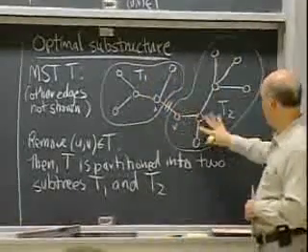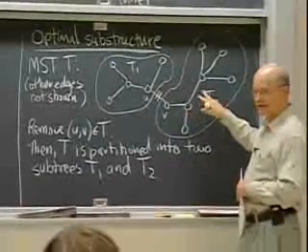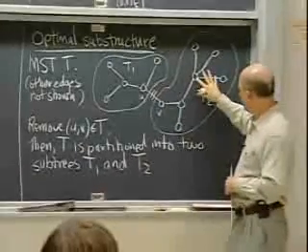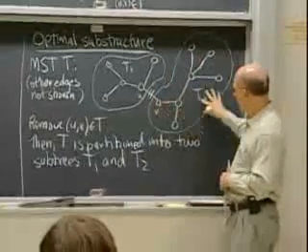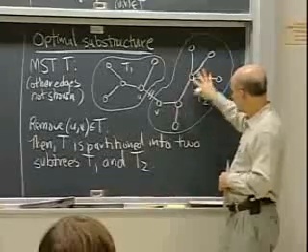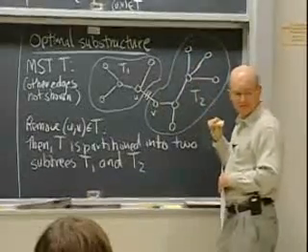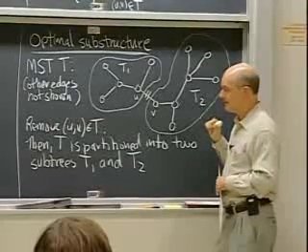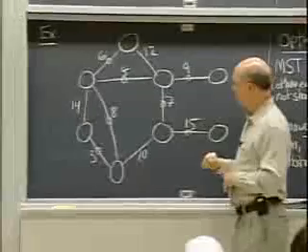And correspondingly, if I look at the set of edges induced by the vertices in T2, in fact, T2 is a minimum spanning tree on that subgraph. Okay, we can even do it over here.